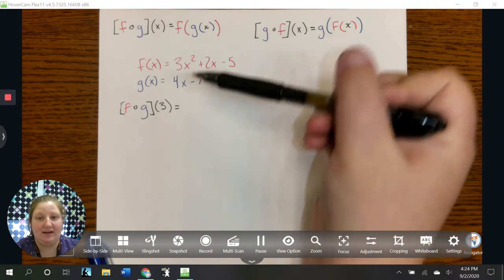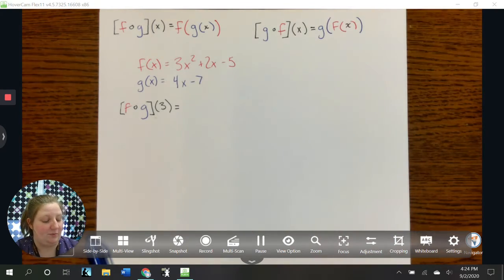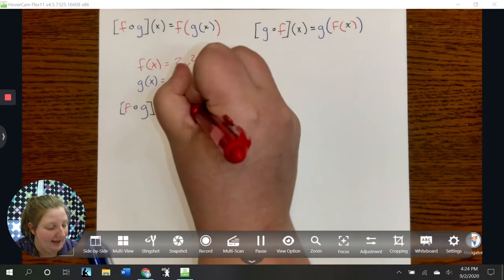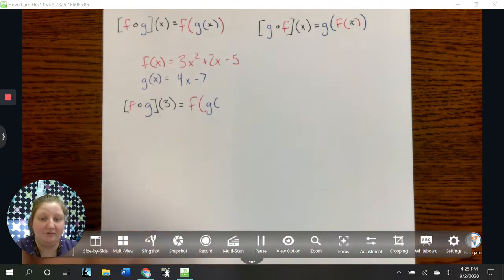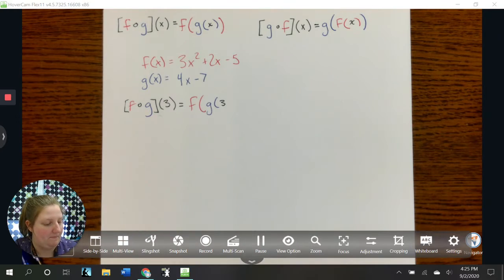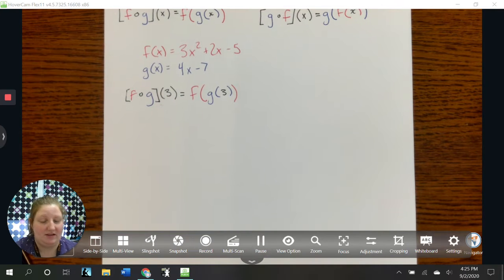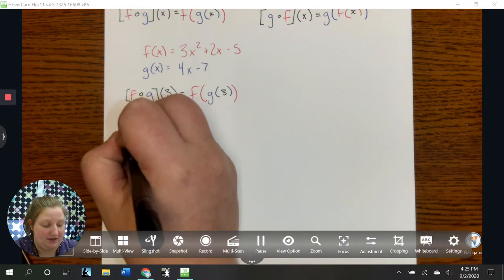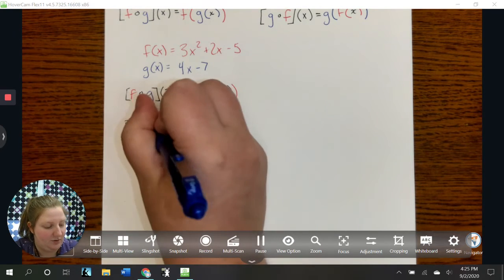So when we do that, if we refer back to what we have up here, that means that we're going to do, again, f of g of 3. Okay, I'm trying to color code this to help you out. So what that means, when we go to do f of g of 3, is we're going to take 3 and plug 3 into our function g.